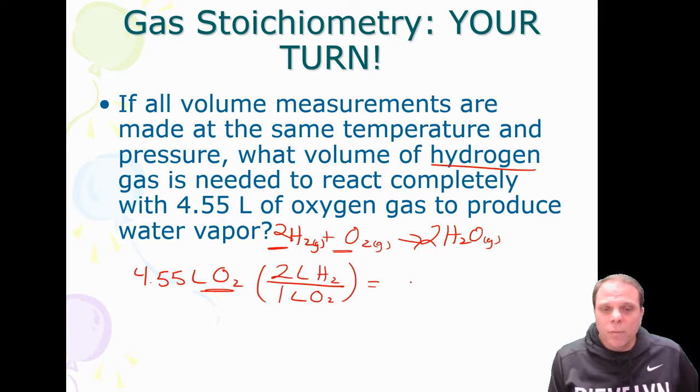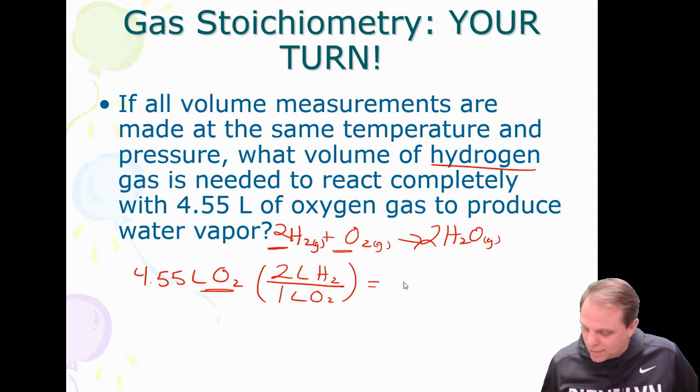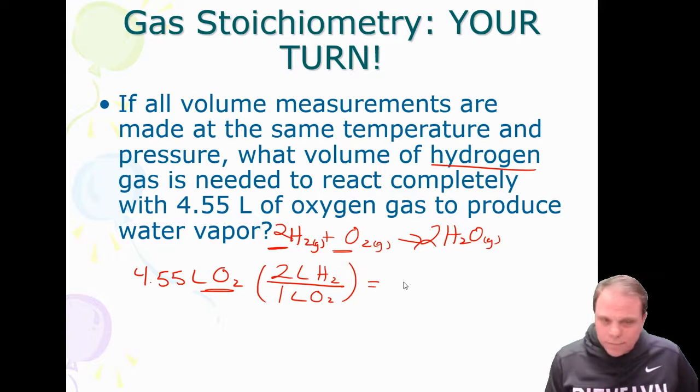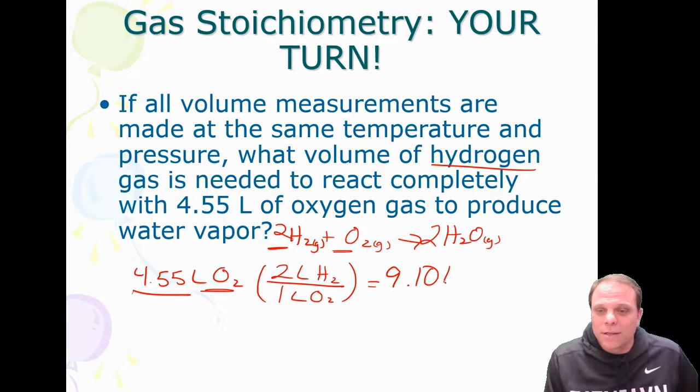So I'm just going to take 4.55 times 2, and we'll get 9.10. You can use a calculator. 9.10. How many sig figs? We should have 3 sig figs because we started with 3 sig figs. Liters of hydrogen gas, right?